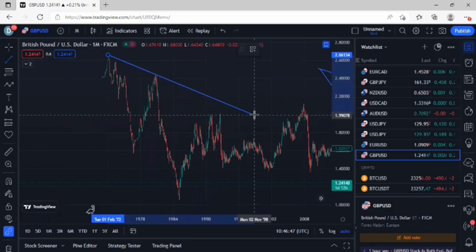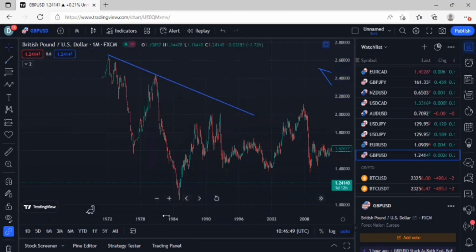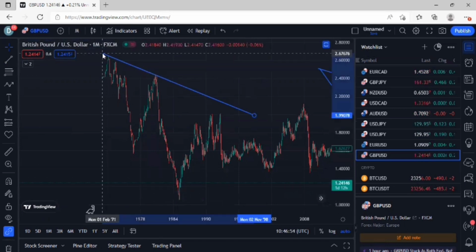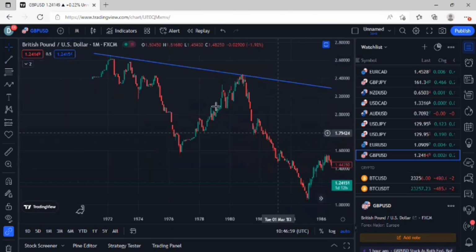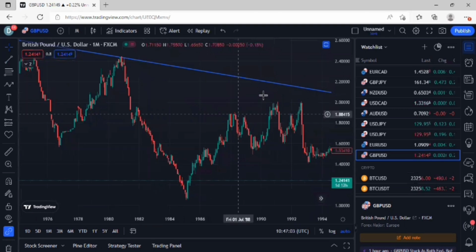Some people pick the body, but I don't use the body. I use the wick of the candle, the top of the wick, like that. If I zoom in, you can see that I use the top of the wick. So I can adjust this one as well to use the top of the wick.